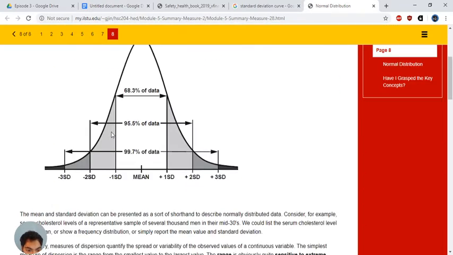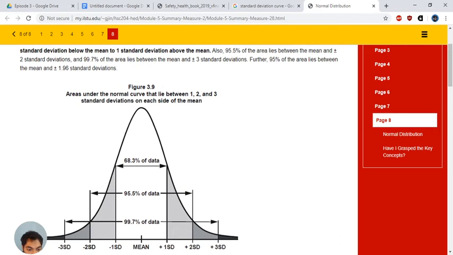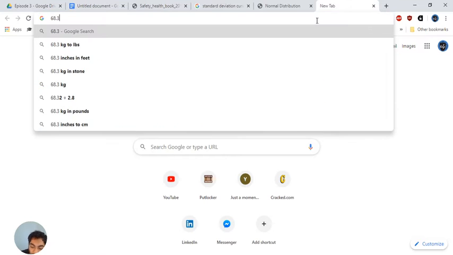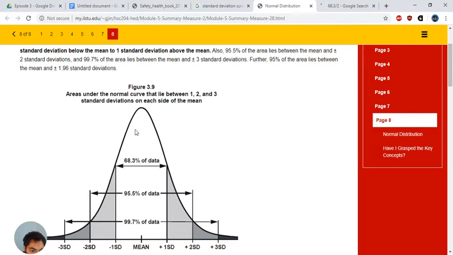So I'm going to explain to you what normal distribution is, right? This is your mean right here, and if you go from the third standard deviation to the mean of the data, it covers about, if you divide 68.3 by 2, that's 34.15.